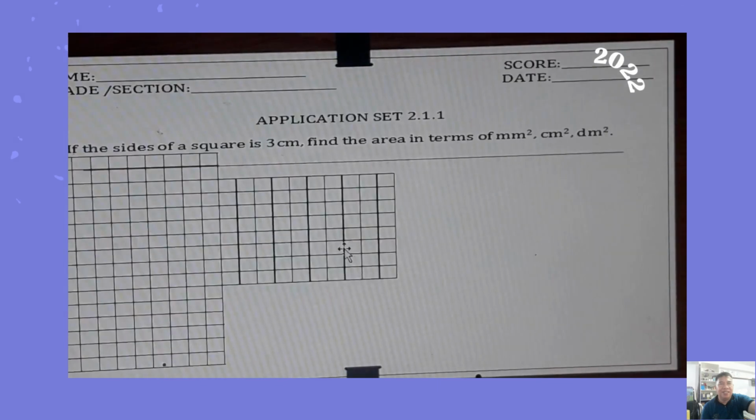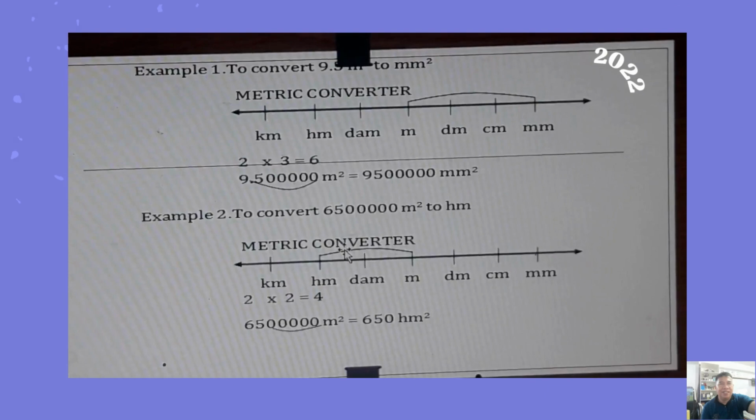Okay, so we'll discuss a little about metric converter. In a measurement of length, we always consider the numbers of movement from the original unit to convert it to other unit.